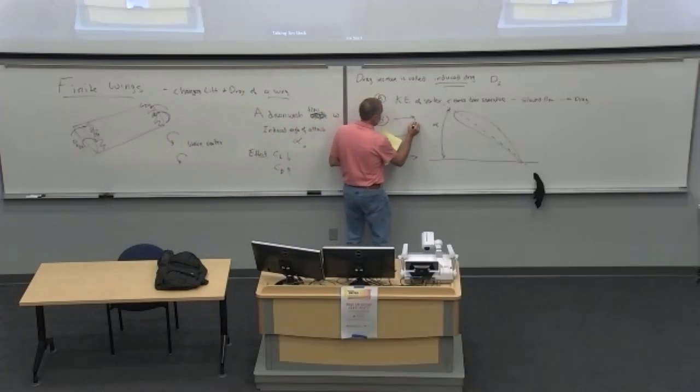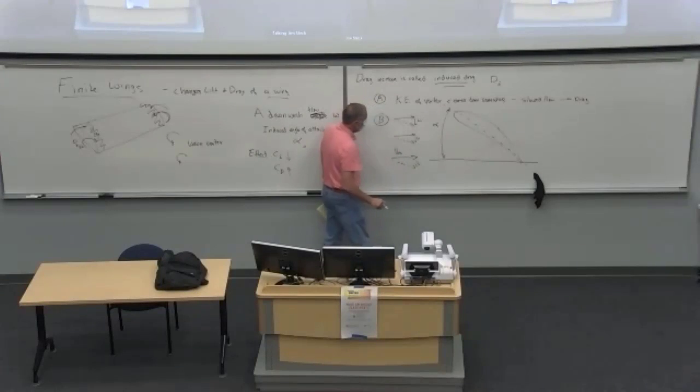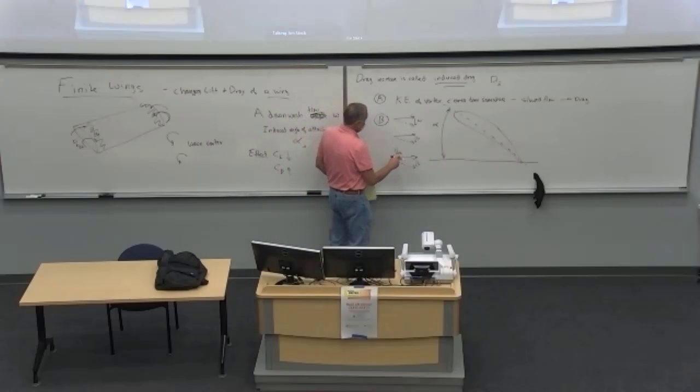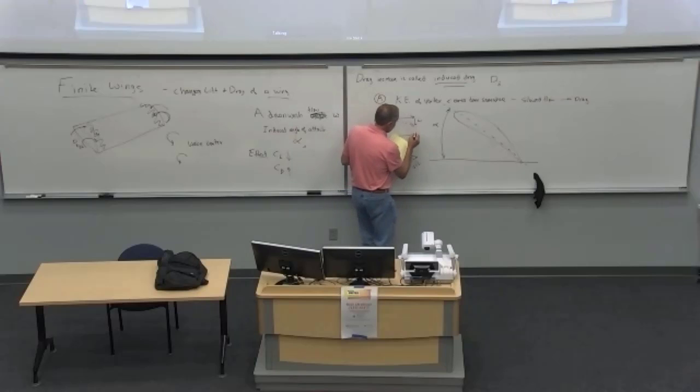You get this downwash velocity W. So effectively, the flow you see is not straight across like V infinity, like the free stream flow, because you get this downward velocity. Now the air is not coming in like this, it's coming in like this.